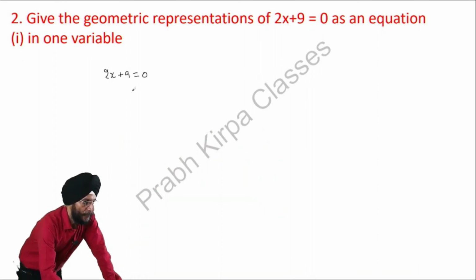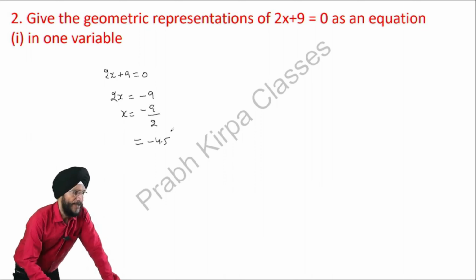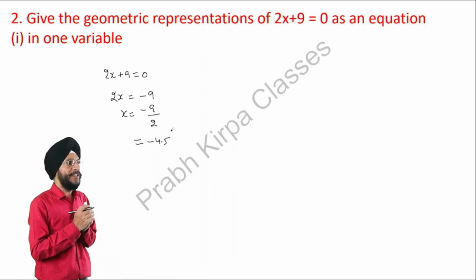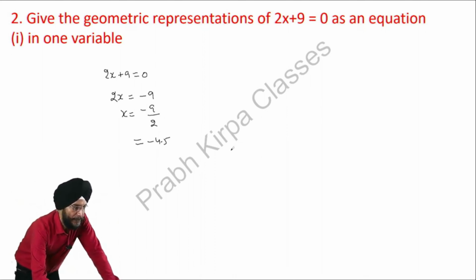In the other case, we can also say it as 2x is equal to, here 9 will go to the right hand side and it will become minus 9. Value of x comes minus 9 over 2, or we can say it as minus 4.5.